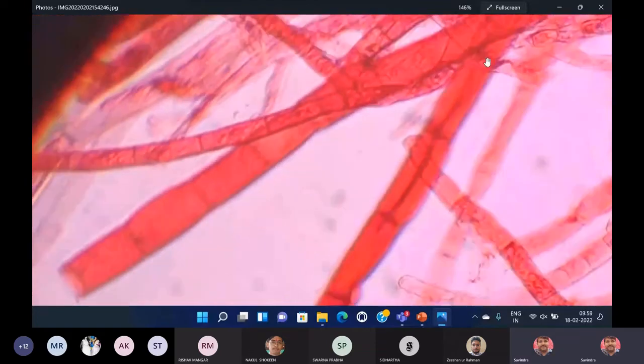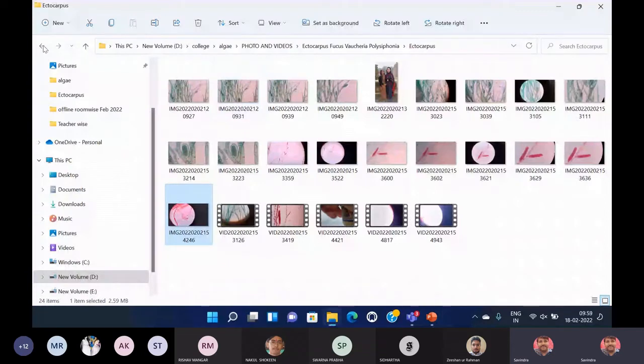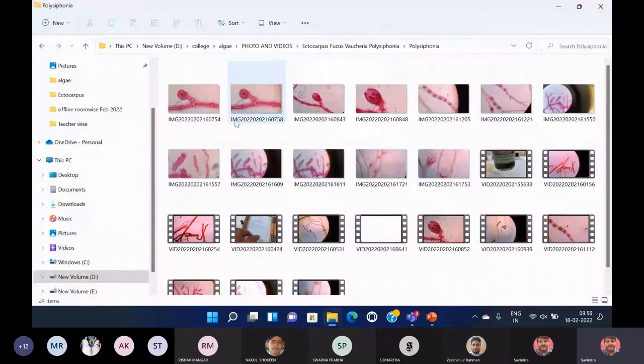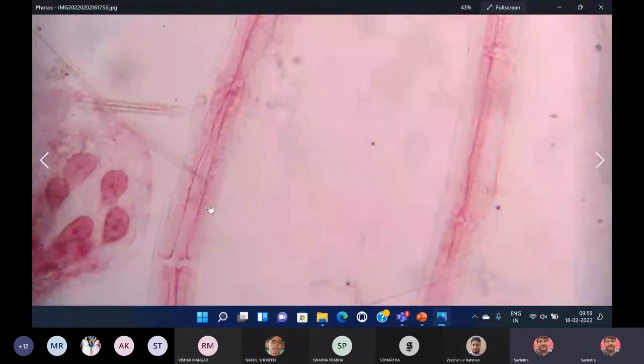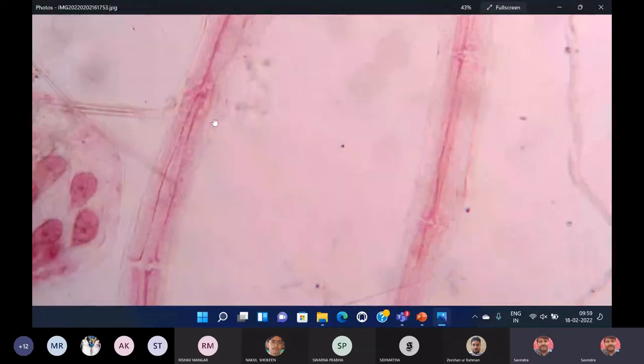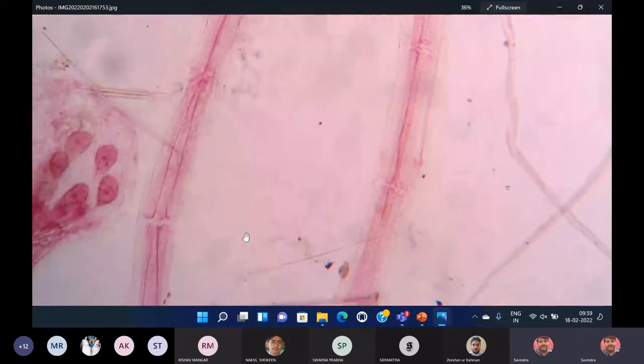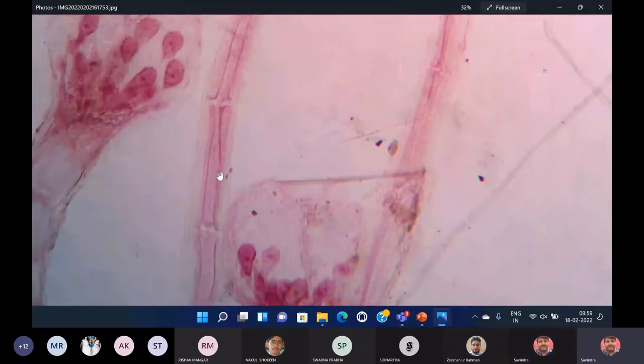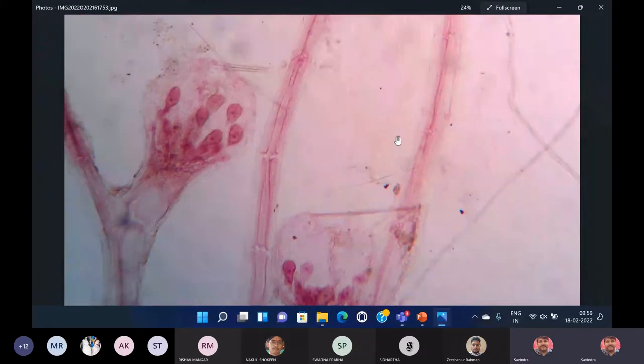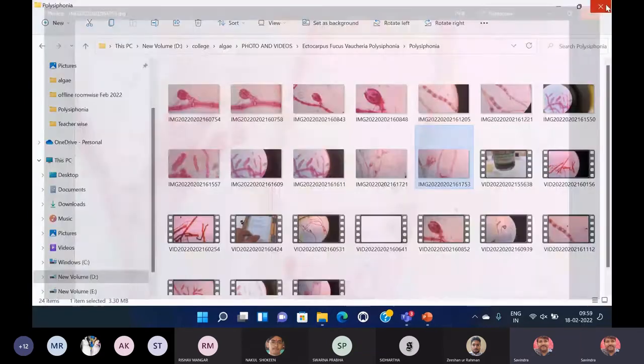एक के बाद एक सेल जुड़ी हुई है चेन के रूप में. लेकिन अगर आप सेम टाइम पे पोलीसाइफोनिया को ऑब्जर्व करेंगे, you will see there are tube like structure in between. दिख रही है ना, एक से ज्यादा आपको स्ट्रक्चर दिखाई देंगे. यहाँ पे देखिए. Okay, that's why it is known as polysiphonia.